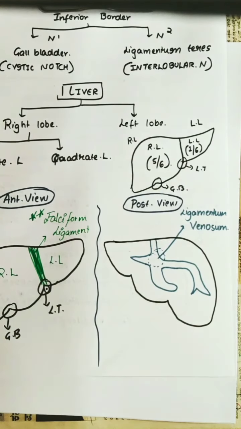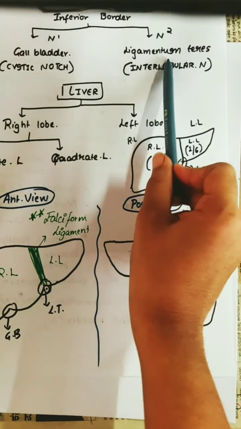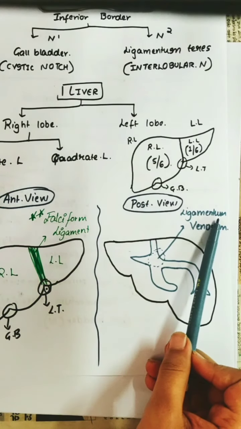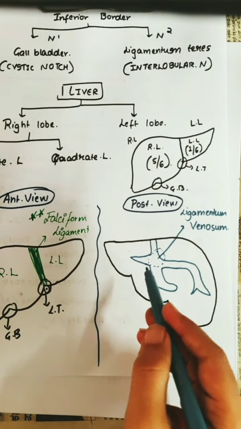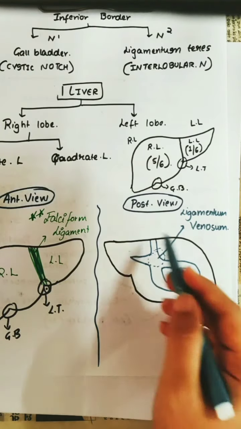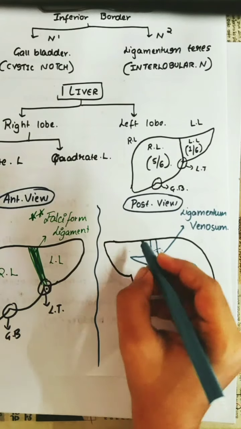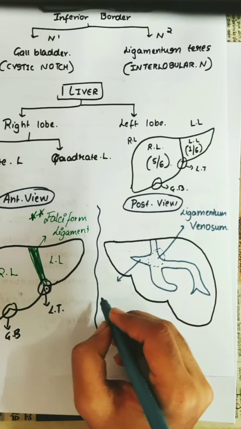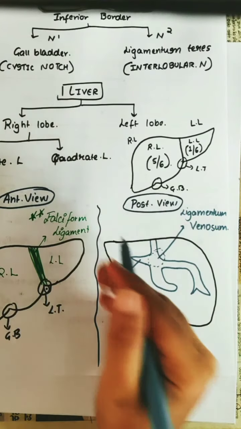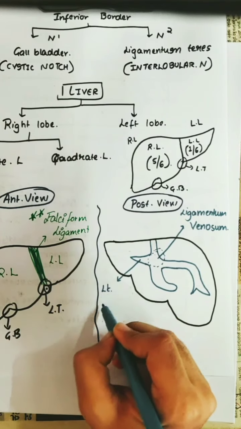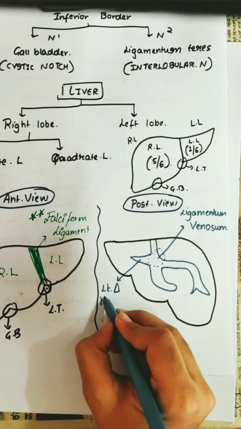So now we have studied 3 different ligaments: ligamentum teres, ligamentum venosum as well as falciform ligament. Now there are two triangular ligaments present on the posterior part of the liver. This is the left side, the left triangular ligament.